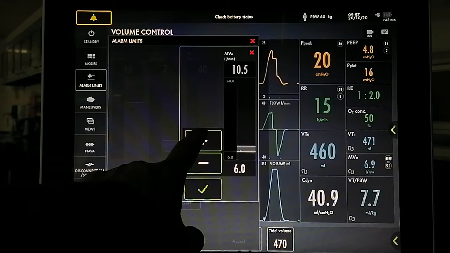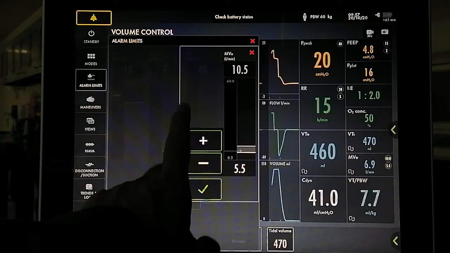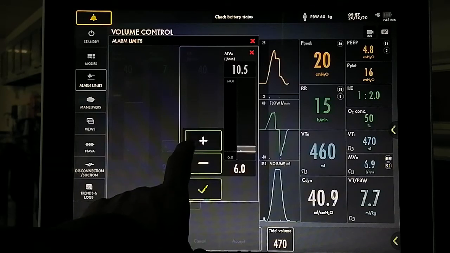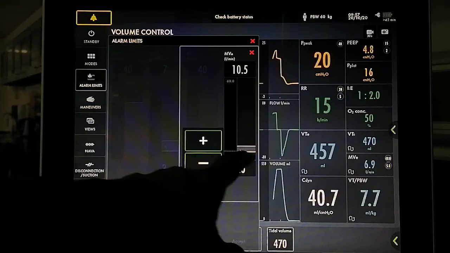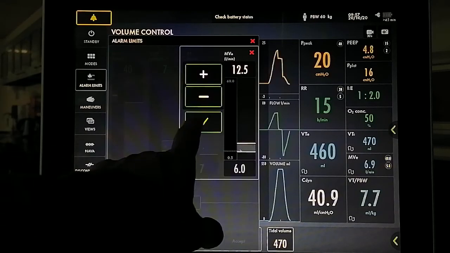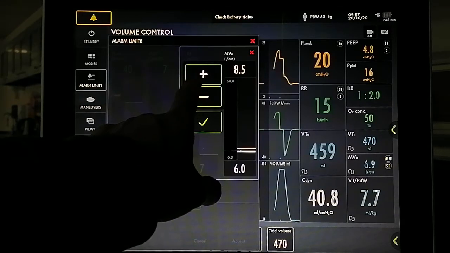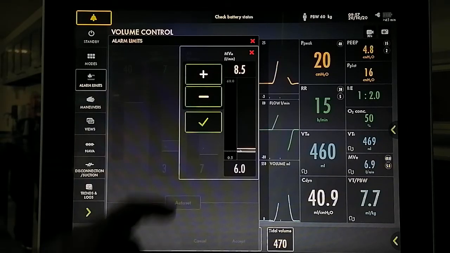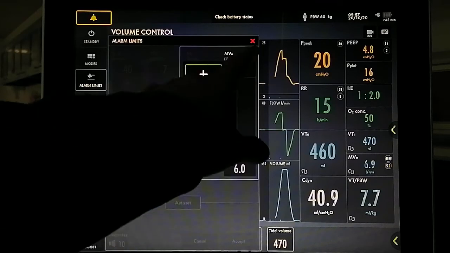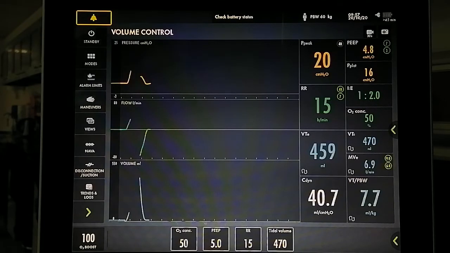This is only in increments of 5, so you would rather put it at 6, but that's okay. Let's say it's 20%, and then for the high alarm you add plus 2 liters. So let's go with 9. Okay, then accept, and accept again.